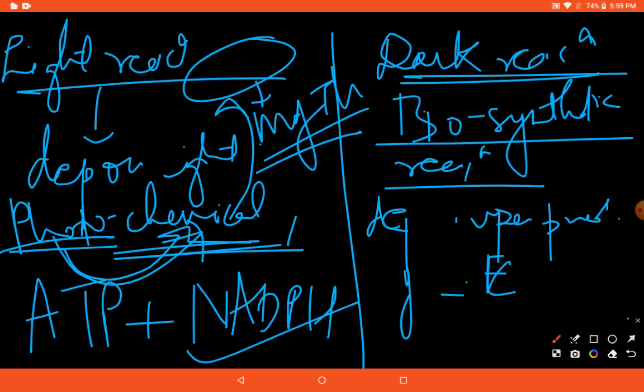What are the products of light reaction? The products of light reaction are ATP and NADPH. So it is dependent upon ATP and NADPH, and it will always occur in the stroma. Light reaction in the membrane of thylakoid, dark reaction in the stroma. That's the matrix. Correct. So we have got a brief about light reaction, dark reaction.